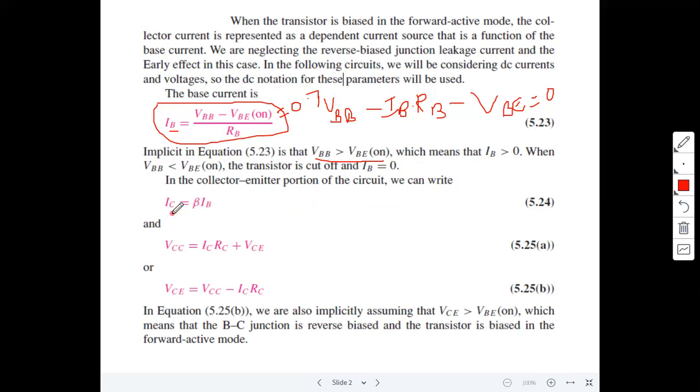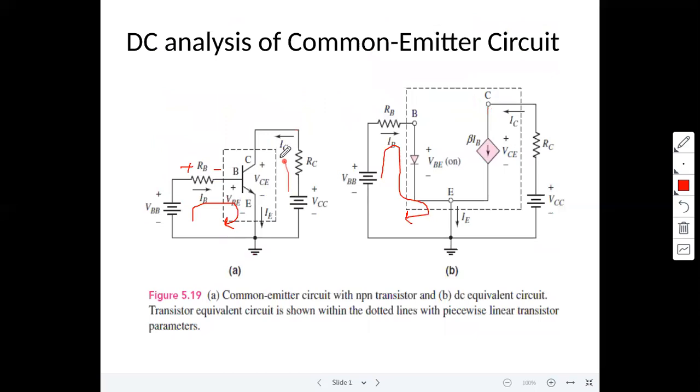Now, once you know the base current, collector current IC is equal to beta times IB. In active region, the relation between base current and collector current is IC equal to beta times IB. Now apply KVL to the output loop. Observe here, this is the output loop.